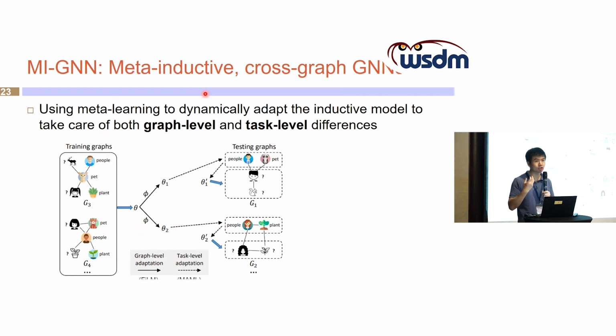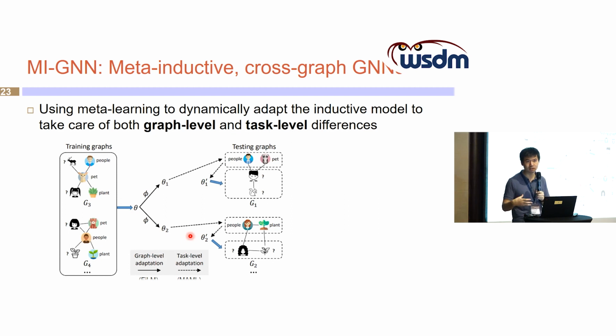If you just use a common prior on all of them, it's going to miss some of the fine differences between the graphs. So we do the first level adaptation, adapting to different testing graphs. And then on each testing graph, the tasks can be different. On one graph, you may involve class 1, 2, 3.